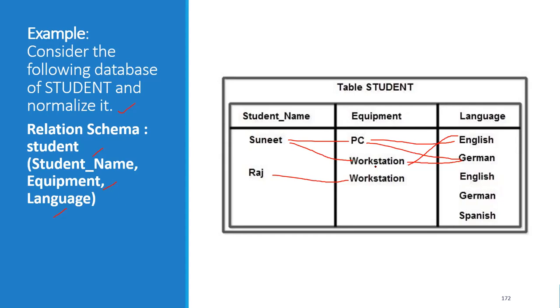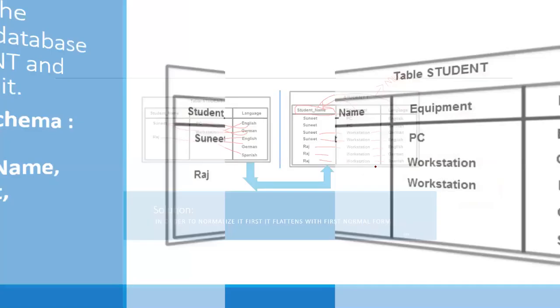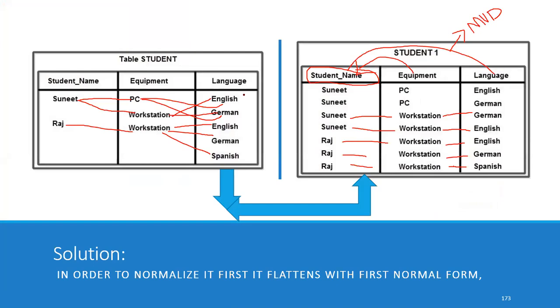So we have to convert this into first normal form. Here is the conversion of the given table into first normal form. You can see every row and every cell contains a single-valued attribute, that is, an atomic value. Now we can say this table is in first normal form.